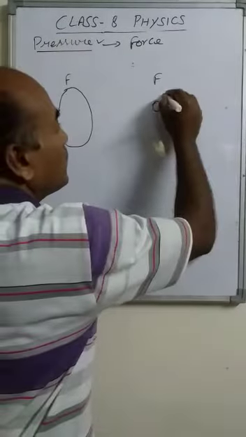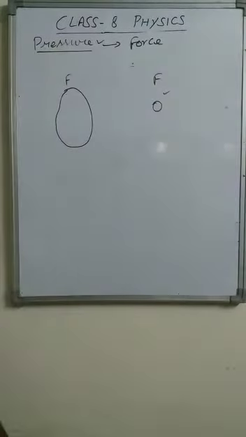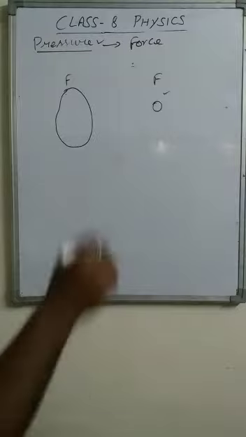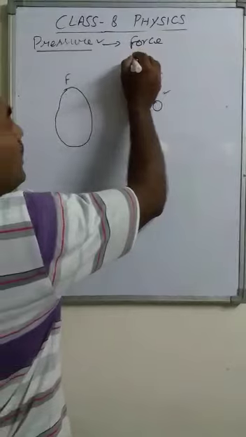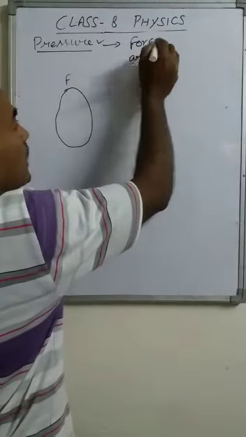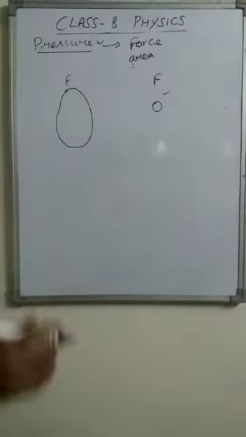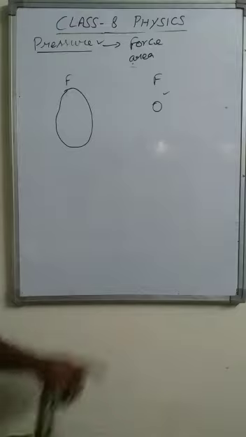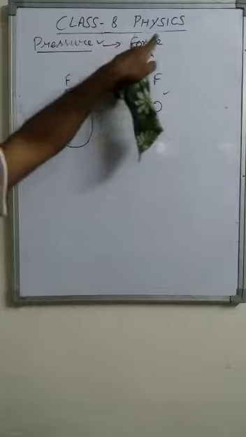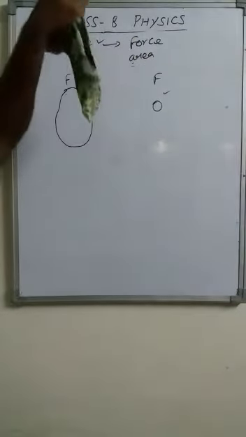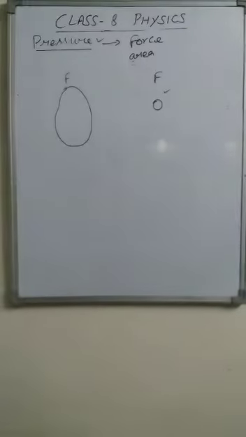Definitely on this part where the area is small. So that means the pressure developed also depends on the area on which the force is applied. So pressure depends on the force applied and the area on which the force is applied.